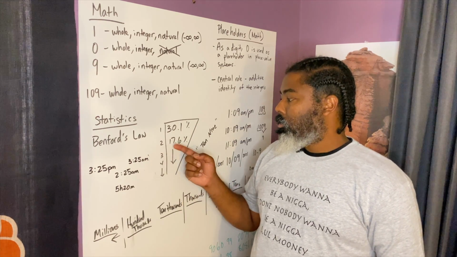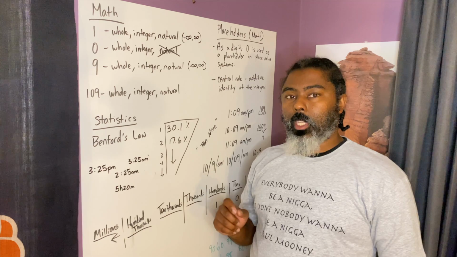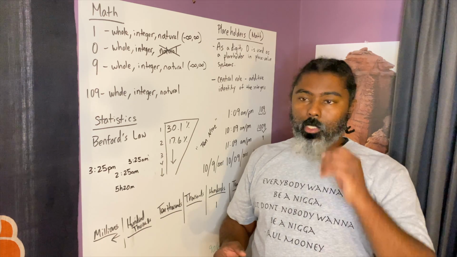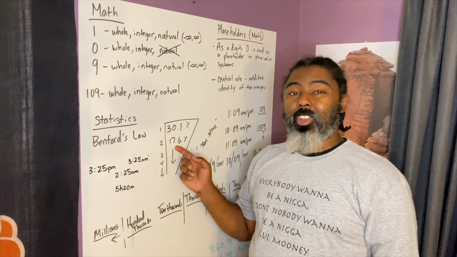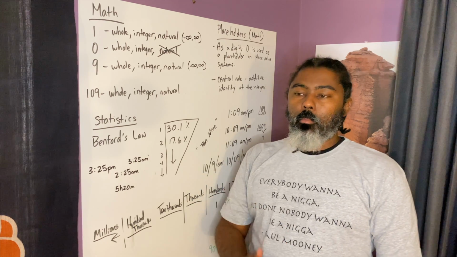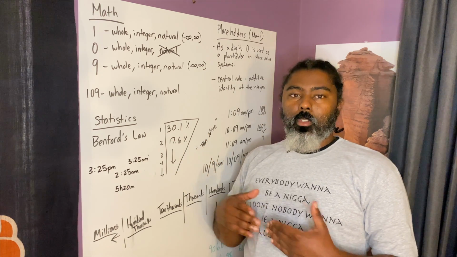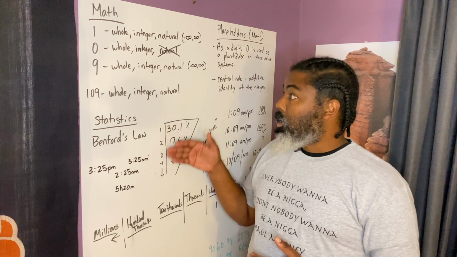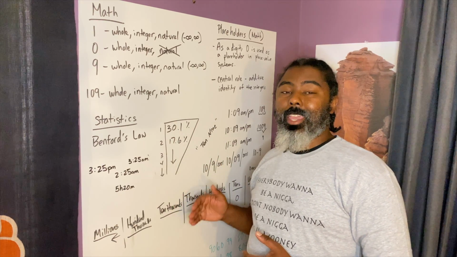The number 2: 17.6%, almost 18%, of the numbers, for instance, in the book, or of all the license plates in a city or some region, will begin with the number 2, and then the percentage decreases as we continue to move down the whole numbers, 1, 2, 3, 4, 5, 6, 7, 8, and 9.